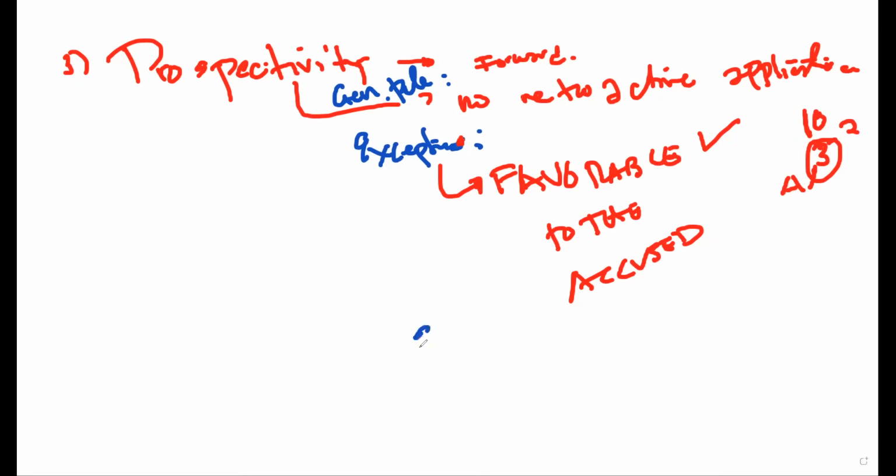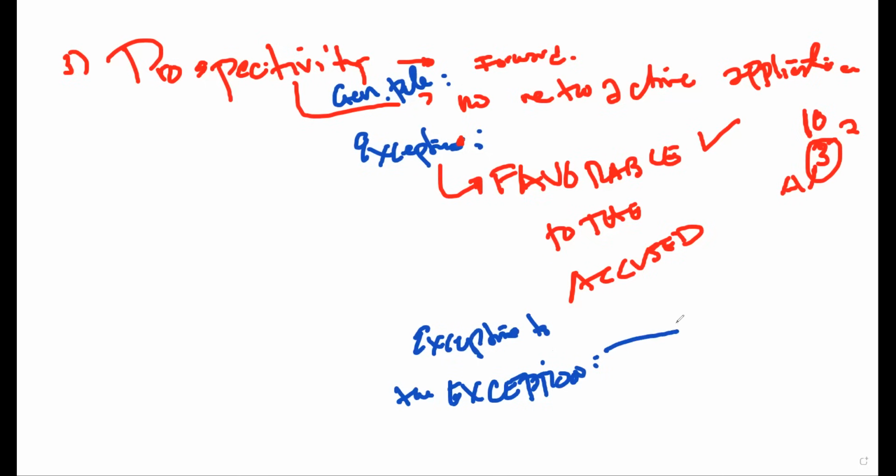there are exceptions to the exception. What does that mean, sir? Even if the law is favorable to the accused, if number one, he is a habitual delinquent, and number two, if the law provides otherwise, then it cannot be given retroactive application, though favorable.